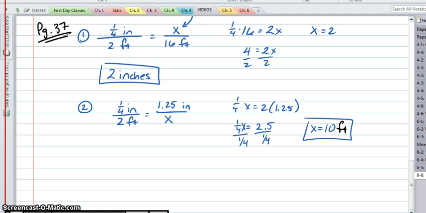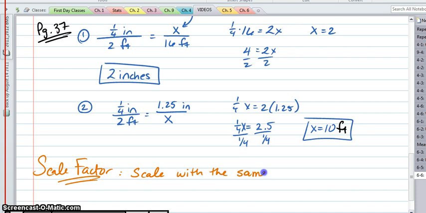If you take a look at number 11, it says refer to exercises 1 through 10, what is the scale factor? Well, we haven't talked about that just yet. It turns out that the scale factor, let's make a note. The scale factor is basically the scale with the same units in the numerator and denominator.